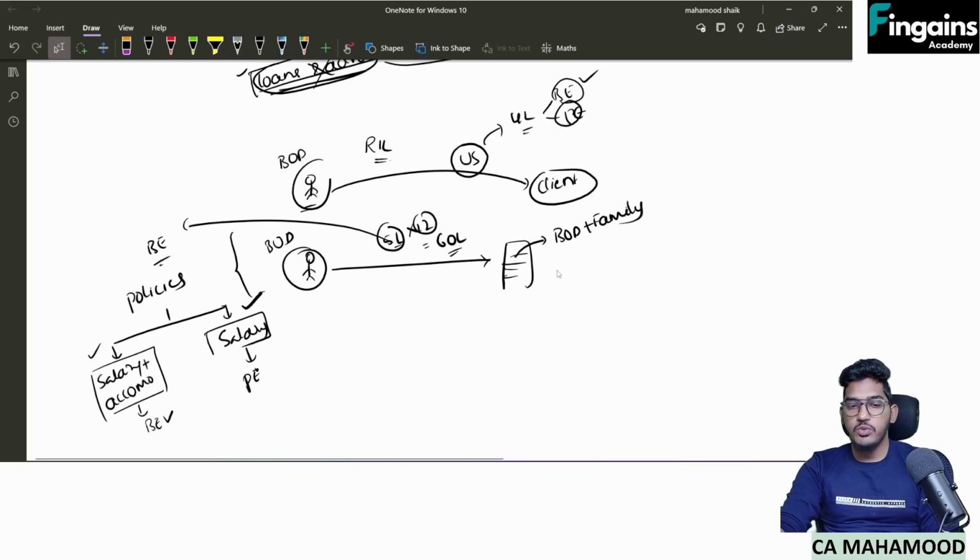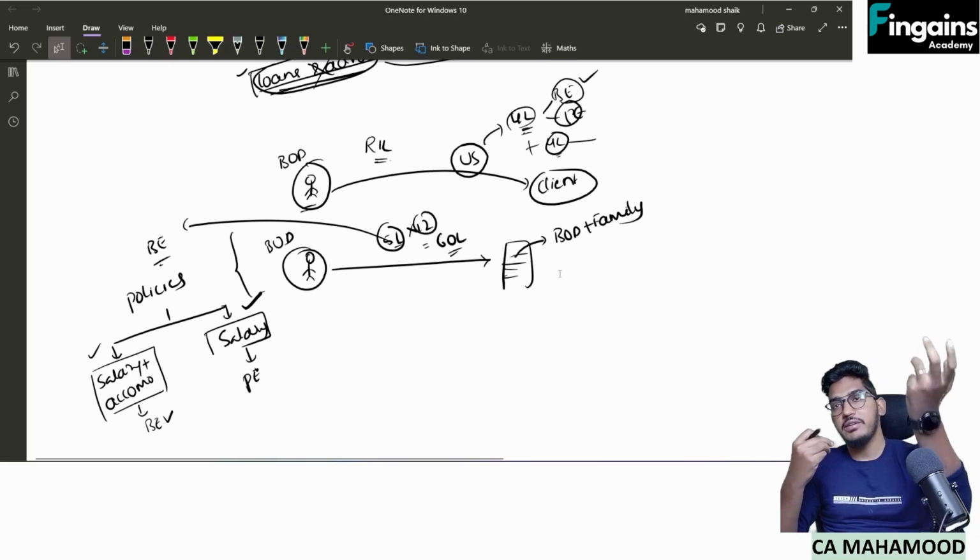Here, a board director has gone abroad to attend a client meeting, incurring 4 lakh rupees. But while coming back, he bought 4 iPhones as gifts for his family, worth 4 lakh rupees, and a total of 8 lakh rupees has been claimed as business expenditure. Is it permitted? It is wrong, because only 4 lakhs is business expenditure. To the extent I know, no company has a policy to sponsor gifts for their families.